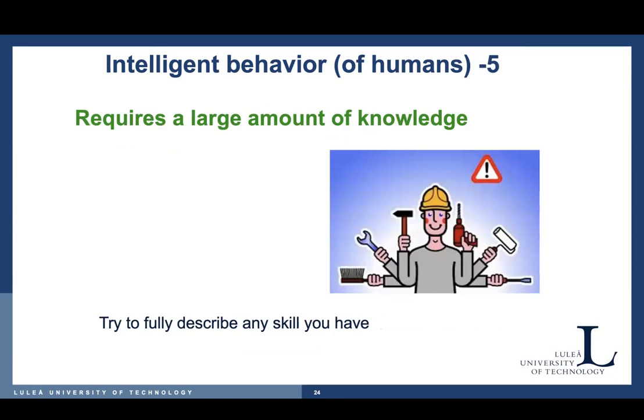And intelligent functionality is also about being able to deal with an extremely large amount of information, or knowledge actually. There is obviously a difference between knowledge and information. But intuitively, you can do this mental exercise of trying to describe in detail the assessment of a certain skill. Then you can branch it down to very, very fine details.